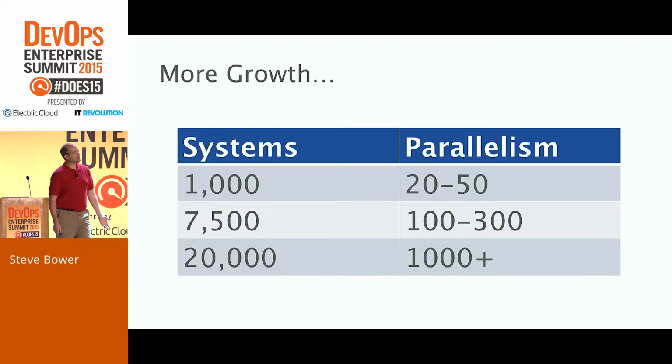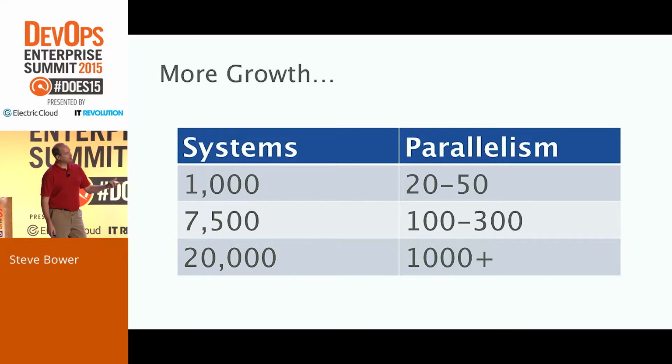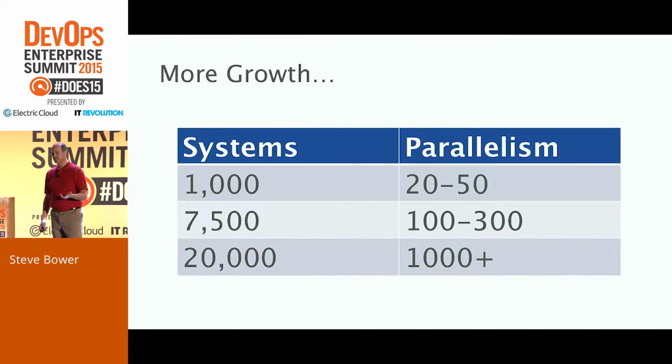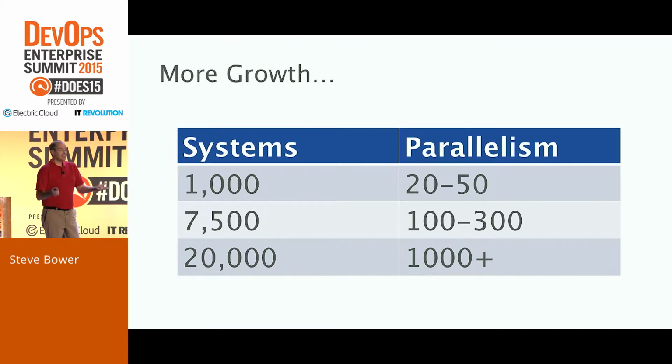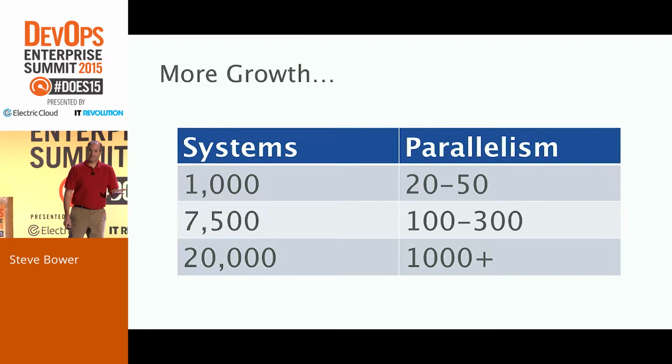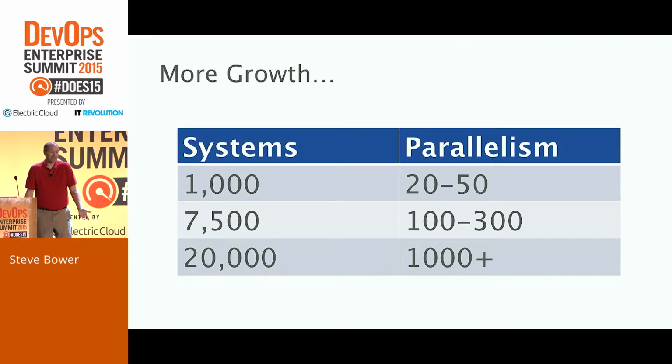And as you grow more and more, we started doing things in greater batches of parallelism. At 1,000 systems, we might do 20 to 50 in parallel. You can read the numbers. At 20,000, a lot of times I'll use 1,000 plus processes at a time to talk to them all. Sometimes if I'm feeling crazy, I'll do 2,000 or 3,000, but not all that often. But the servers can handle it, so it's great.